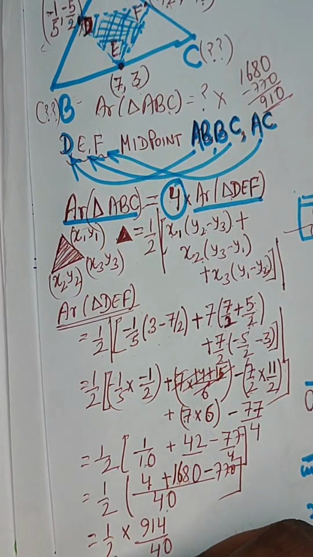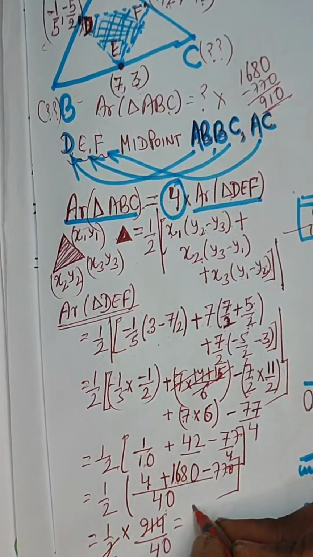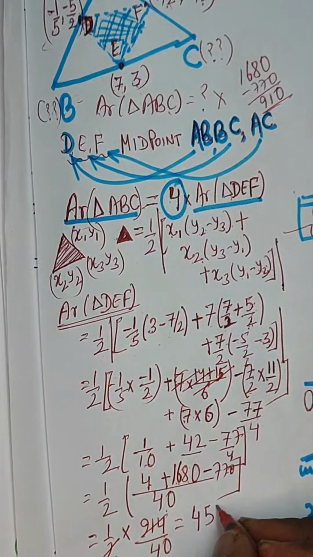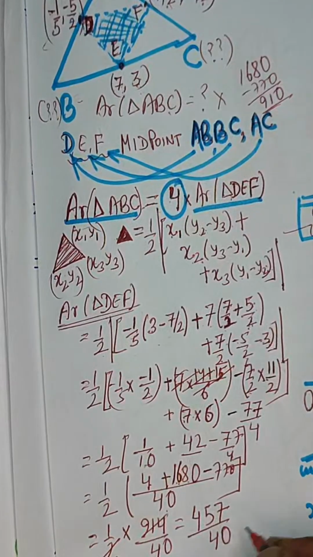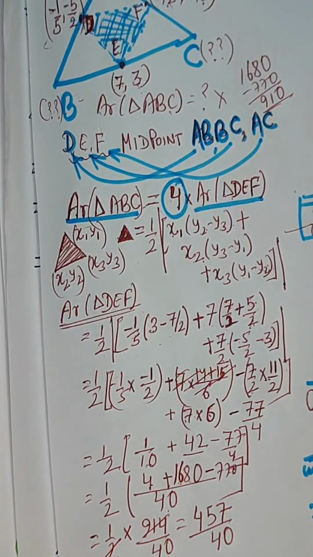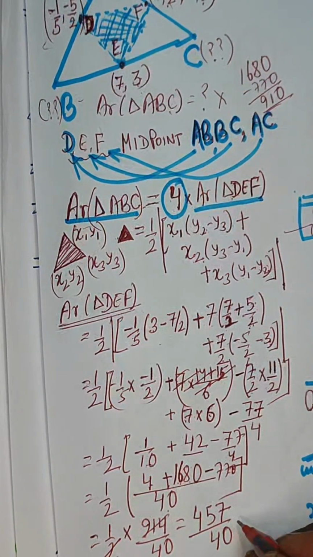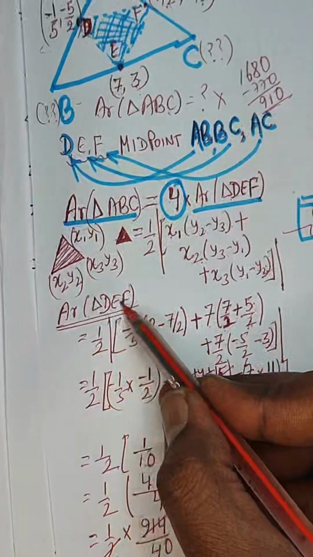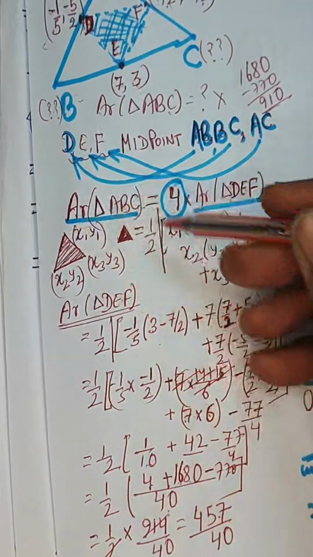It will give you, 2 will divide 914 as 2, 4, 8, 2, 5, 10, 2, 7, 14, 457 by 40, right? When you just solve it, you will get the area of the triangle DEF. And when you just multiply it with 4, you will get the area of the triangle ABC, my dear friends.